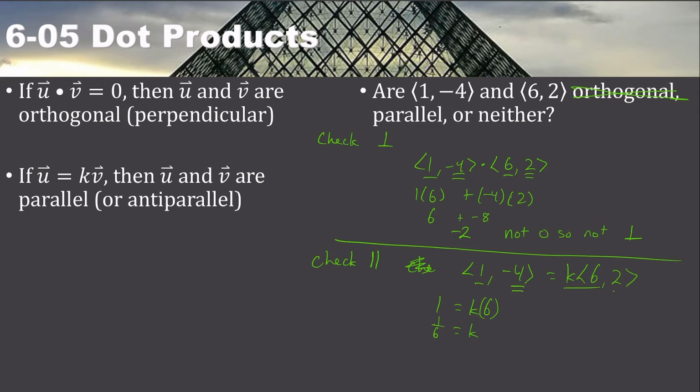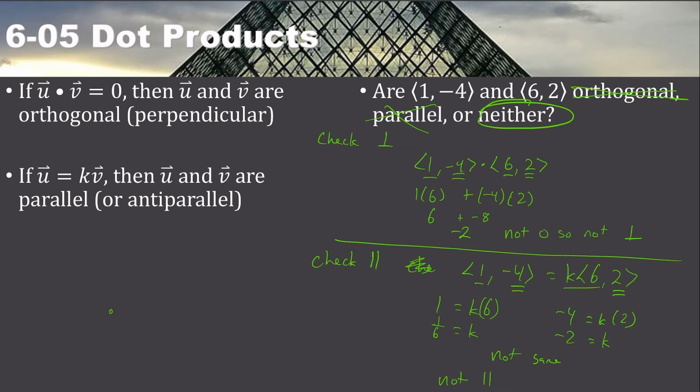If I check the y components, I'd have negative 4 equals k times 2, so in this case k would be negative 2. Those are not the same, so they are not parallel. Since it's not perpendicular and not parallel, it must be neither. Those vectors are neither parallel nor perpendicular.